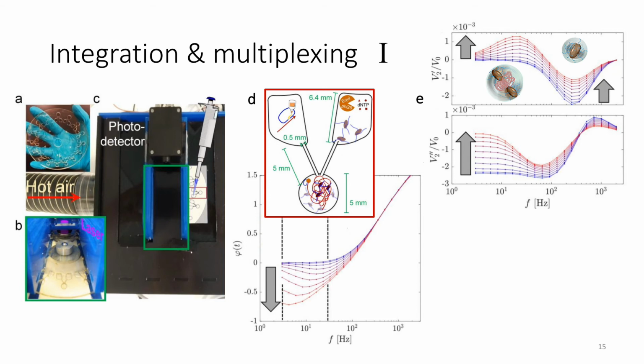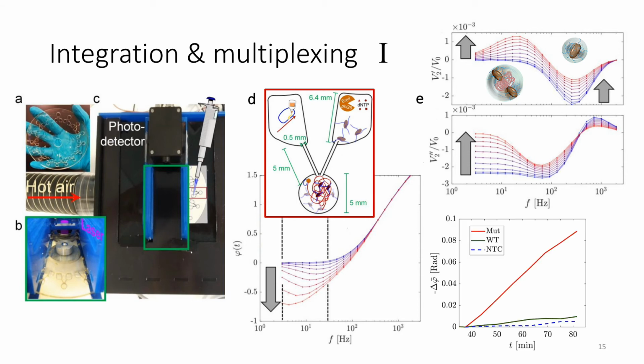Then, using MATLAB, we can analyze and quantify the phase lag of the magnetic nanoparticles that is otherwise zero at the beginning of the reaction, then it's building up as clusters of magnetic nanoparticles rotate slowly. There is a phase lag that can be used to quantify progression of rolling circle amplification.